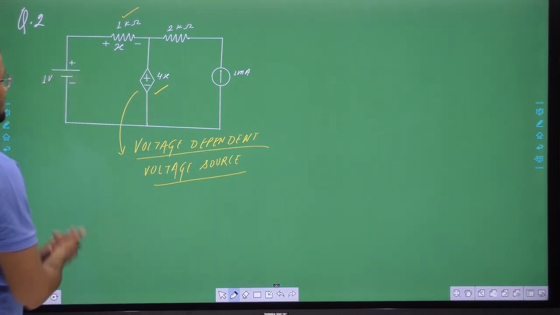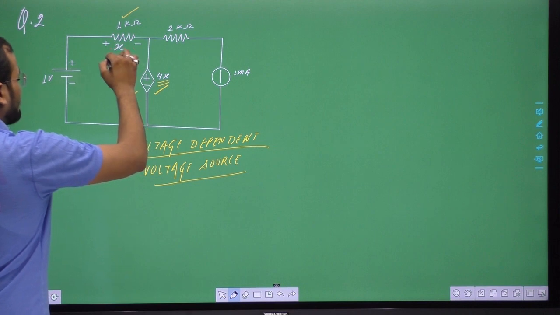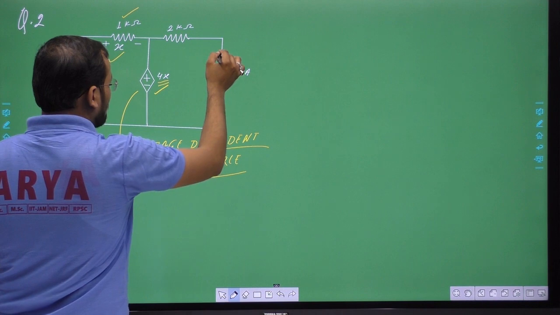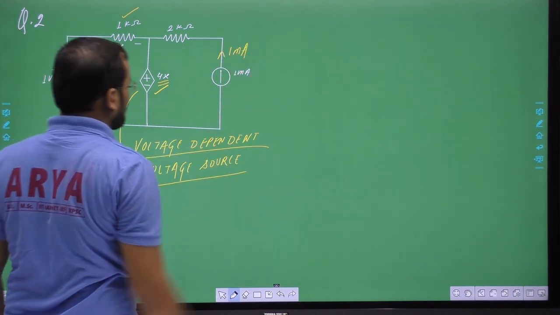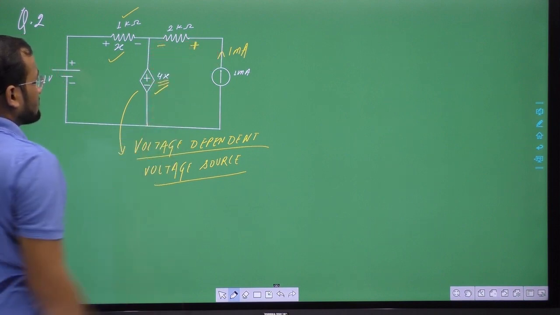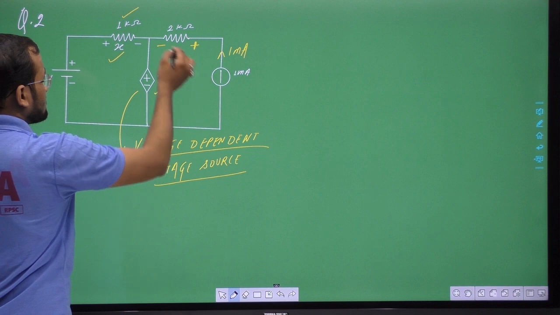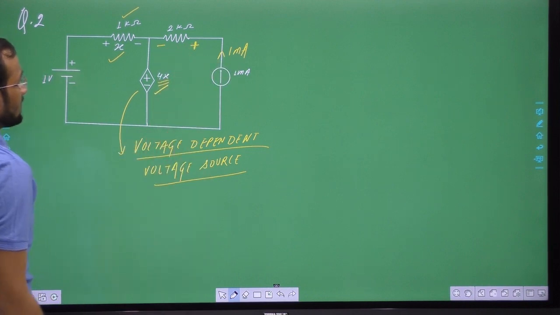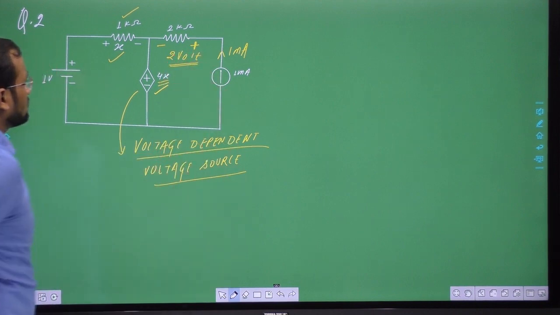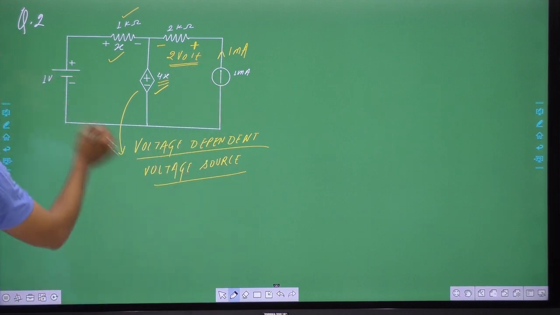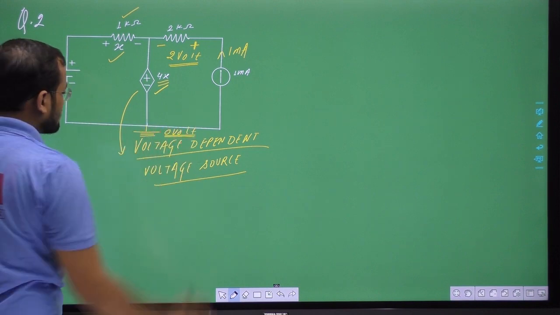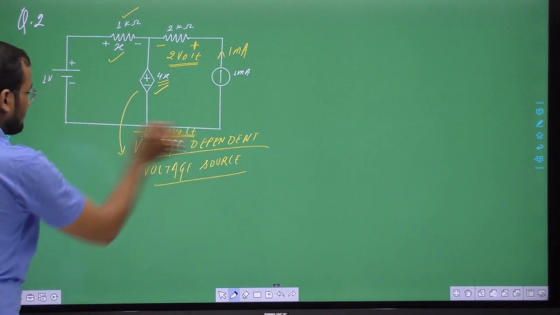To find the value of 4x, we have to first find the value of x. As 1 milliampere current is leaving from this point, it will enter with positive sign and leave with negative sign. So the voltage drop across this is 2 kilo ohm multiplied by 1 milliampere, which is equal to 2 volt. Now as we have the reference node at 0 volt, this whole line will be at 0 volt.